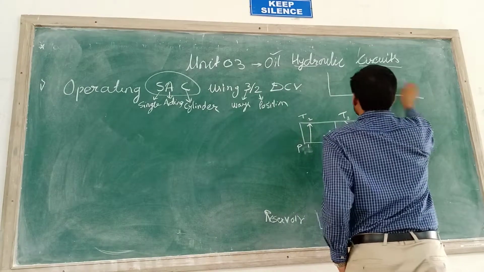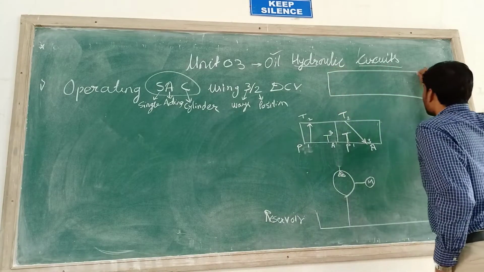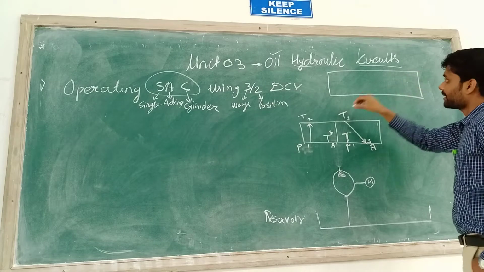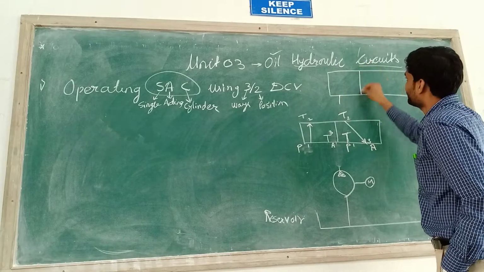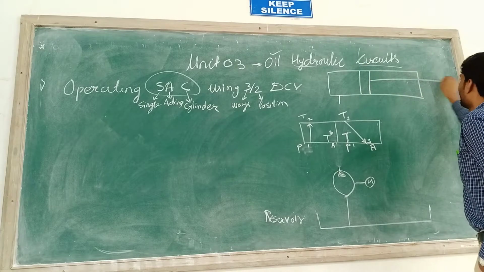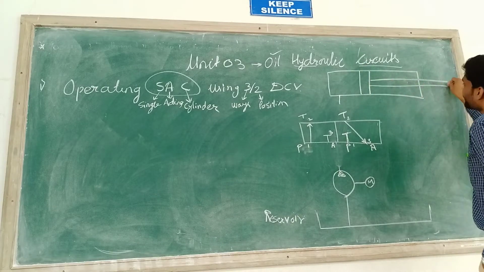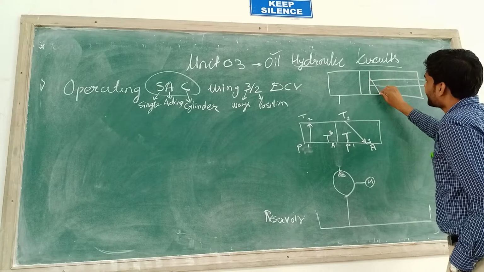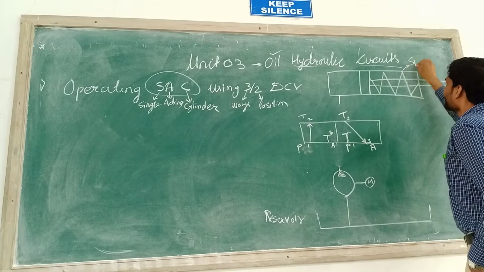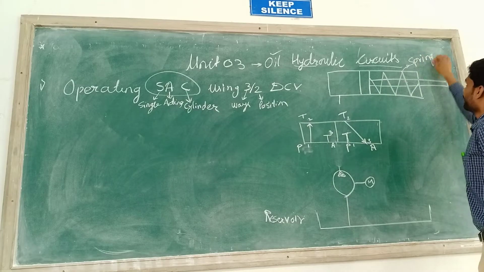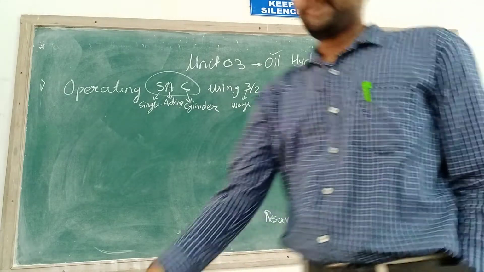You know how a single acting cylinder works. If the cylinder is single acting, then there is only one entry for the oil. This is the cylinder, this is the piston, and on the other side of the piston it is connected with a spring. That's why we name it a single acting cylinder.